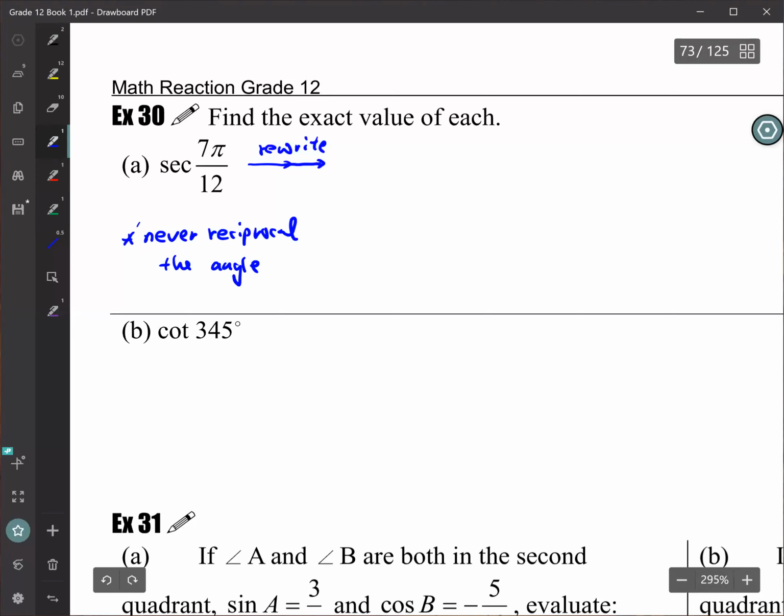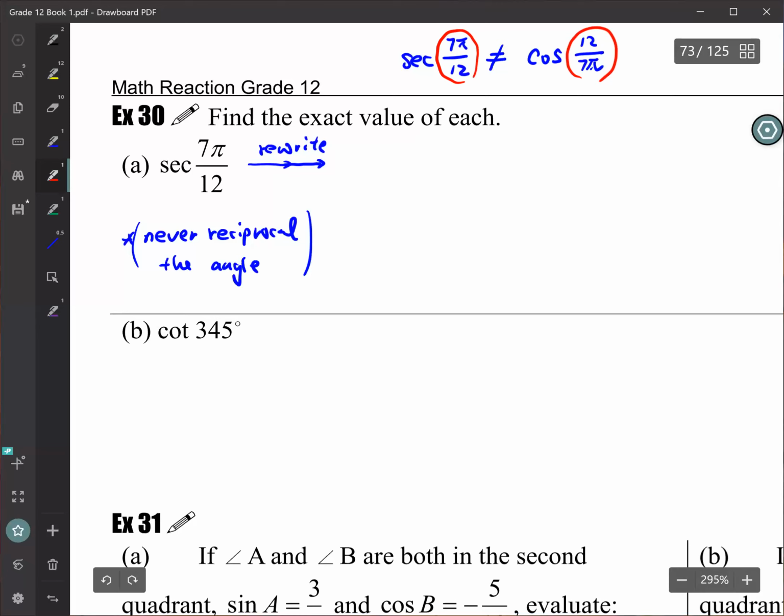If you want to rewrite this, secant of 7 pi over 12 is not the same as cosine of 12 over 7 pi. This will be completely wrong. You cannot flip the angle.